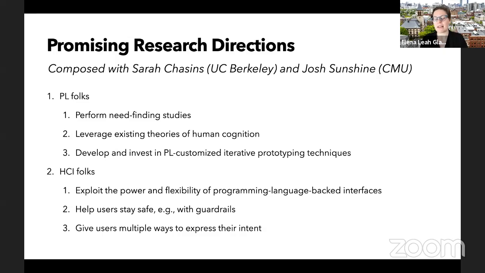And so rather than pigeonholing people into one way, they have so many different intents that are difficult to anticipate. The more ways that we give them to express, the more likely they are to be able to express it quickly and easily.